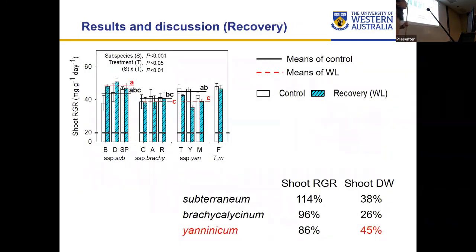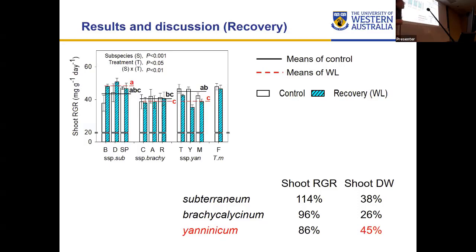So now I'm moving to the results under the recovery stage. All plants started to recover after 21 days of recovery. Among the subspecies, Ceptrinum shoot recovery was the highest, medium in brachycalicum, and the lowest was in subspecies Aninicum.